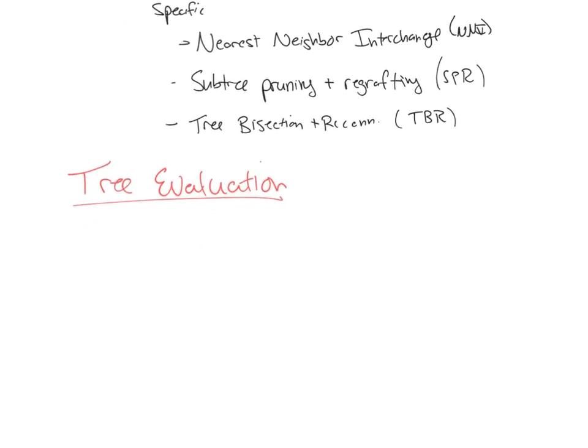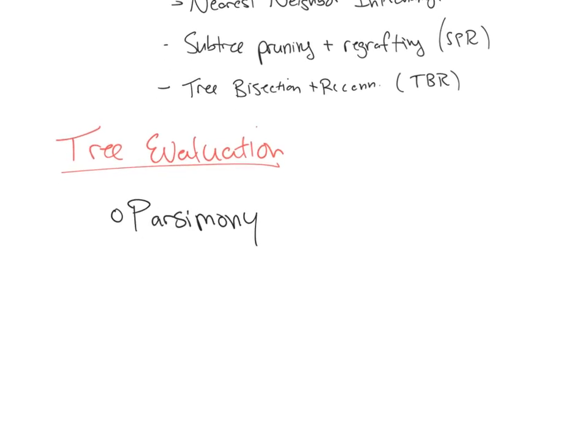The first thing you can evaluate a tree on is parsimony. Parsimony is just the number of mutations it takes to get from one sequence to another. Remember, here we're going directly from alignment to a tree. There's no matrix. So how many mutations do you need to make to go from one sequence to another?